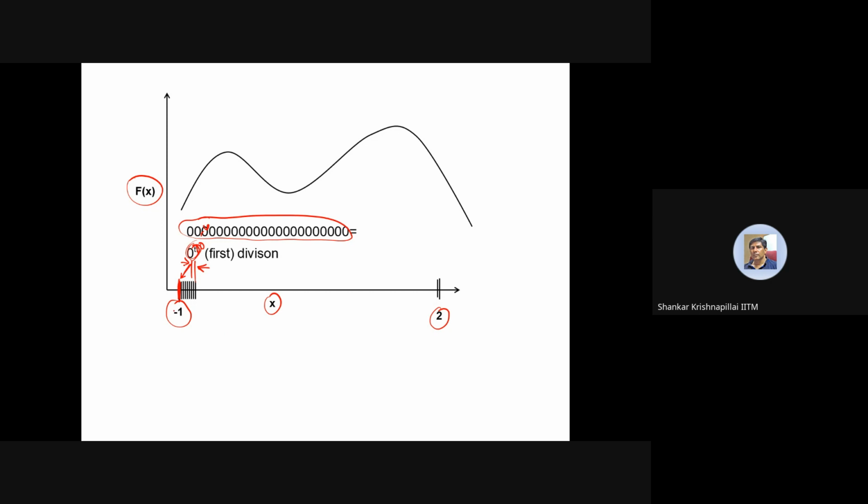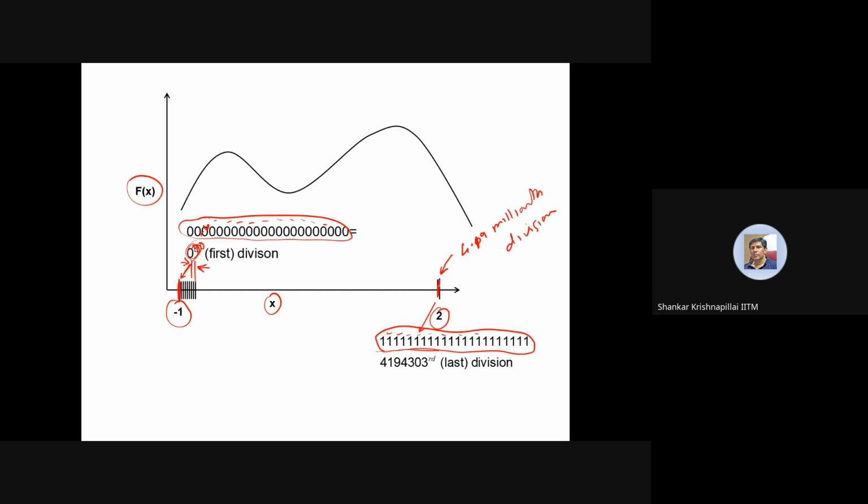Then this is the last division, the 4.19 millionth division, and it will be represented by 22 ones. 22 times you have to write this one.